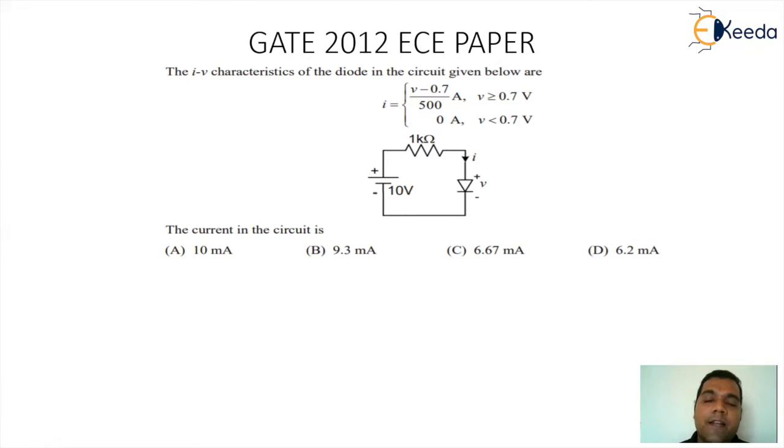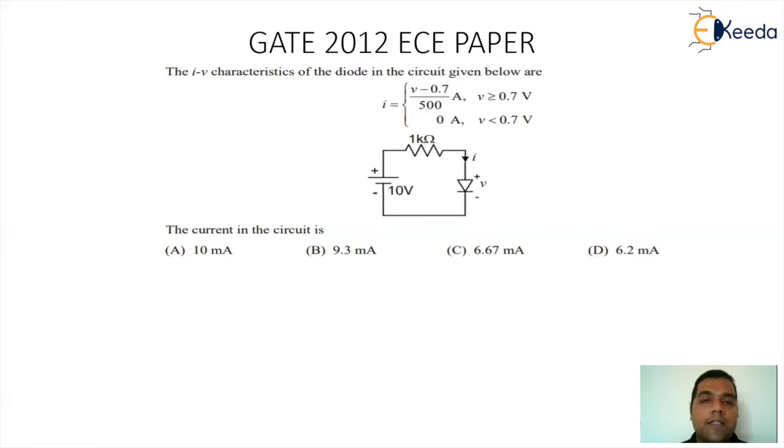So we have a circuitry here with a 10 volt DC battery, a 1 kilo ohm resistor and a diode which has a drop denoted as V and a current flowing through it is I. The current and voltage relation is given above. We are supposed to get the value of current I, and we have options A 10 milliampere, B 9.3 milliampere, C 6.67 milliampere and D 6.2 milliampere.